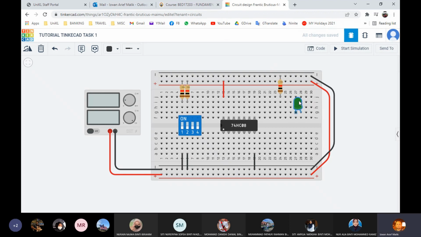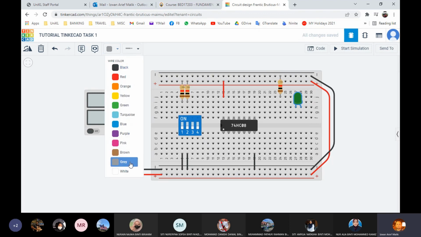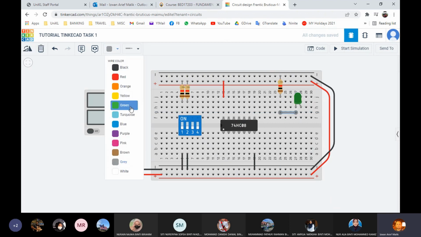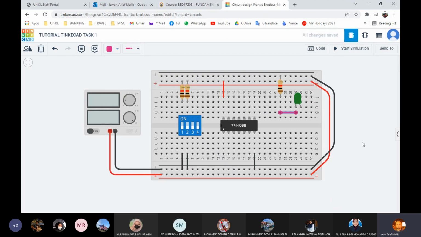Okay, so it is fine if I want to do it like this, then I make one connection. I'll use another color, grey. Okay, from here to here. Okay, so, the grey doesn't look nice. I'll use pink. Okay, so having a connection here is fine, no problem, as long as the cathode is connected to terminal 1.